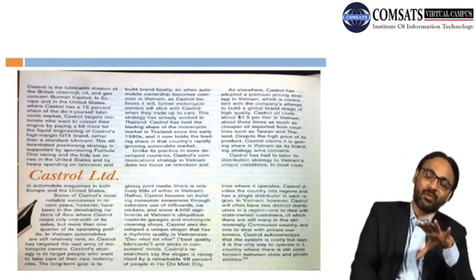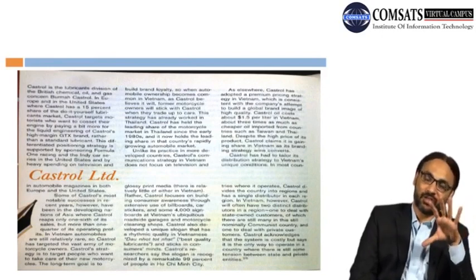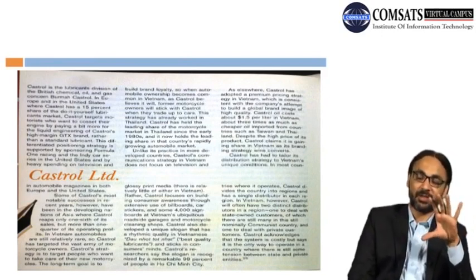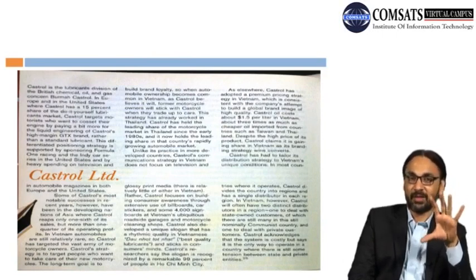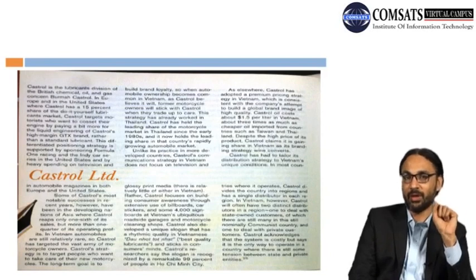What we have learned from this is that despite charging high prices compared to the local producers who import from Thailand and Taiwan, Castrol claims it is gaining market share.